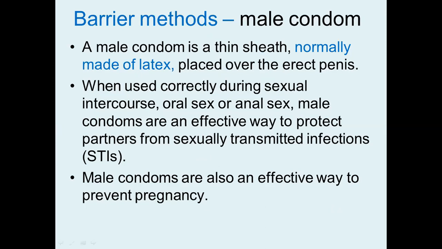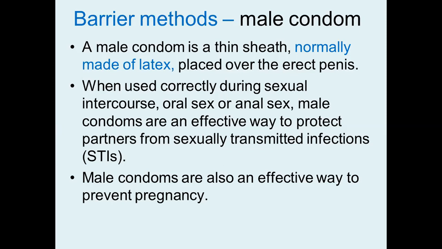First of all, under barrier methods, we're going to talk about male condoms. A male condom is a thin sheath. It's normally made of latex, and that's important, and it's placed over the erect penis.